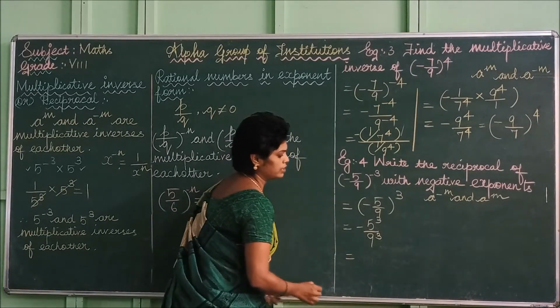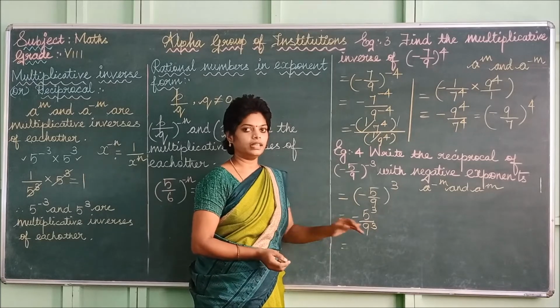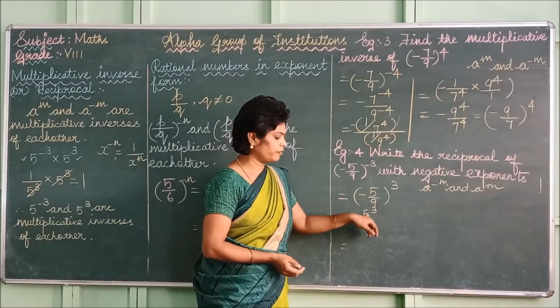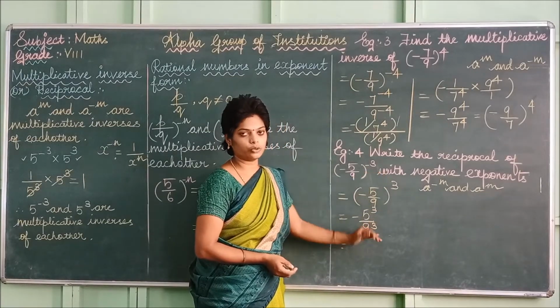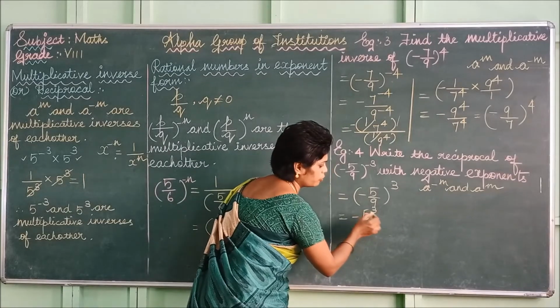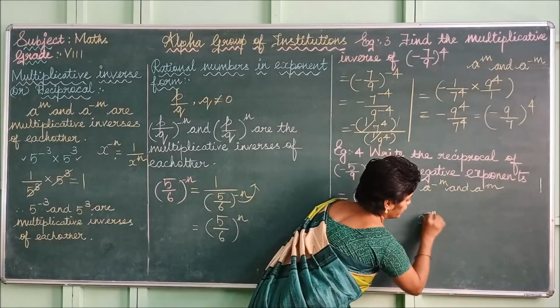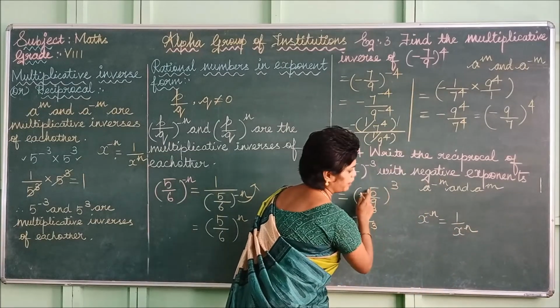Then how can you write this value? Listen here. In this step, (-5)^3 and 9^3. Our question is in negative format, so you can change and write this value also in a negative format. How? x^(-n) means 1 divided by x^n. So using that we can apply this one.